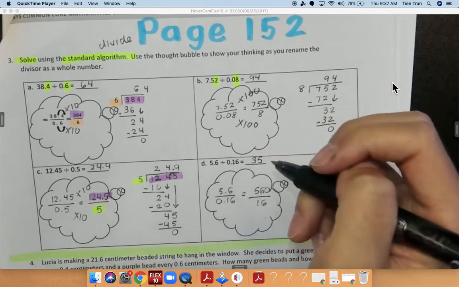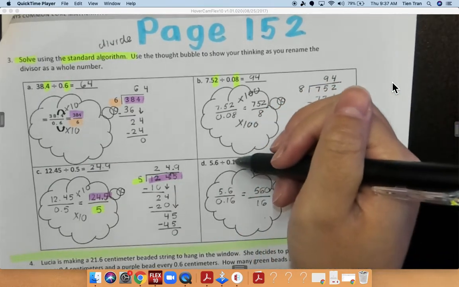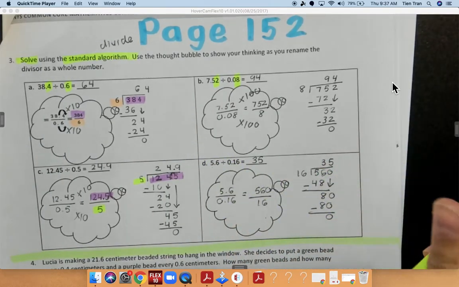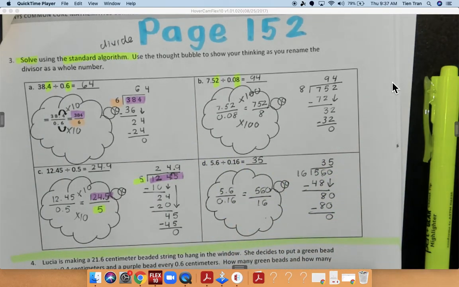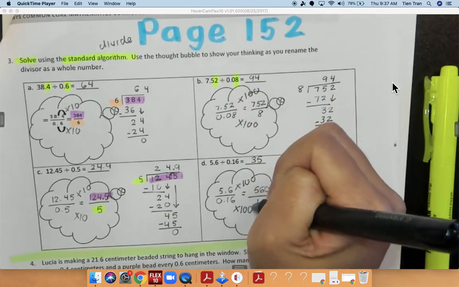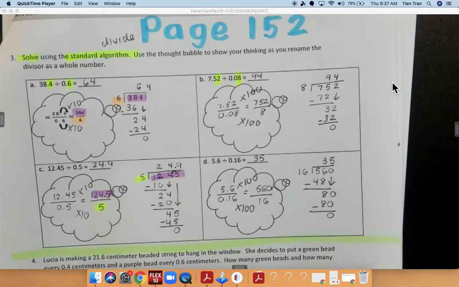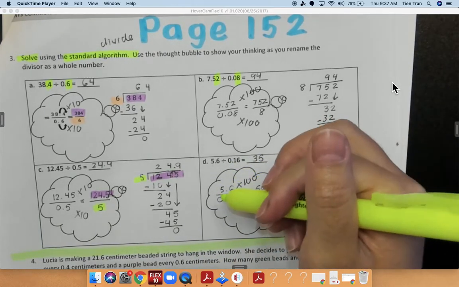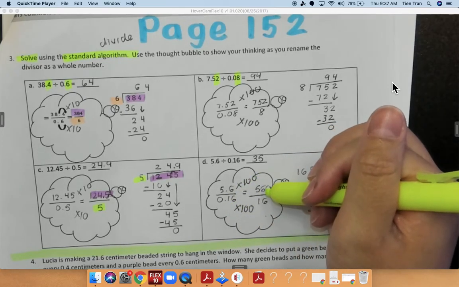Over here, we have 5.6 divided by 0.16. And what I decided to do is I decided to multiply this times 100. So times 100, times 100. So 5.6 times 100 is 560.